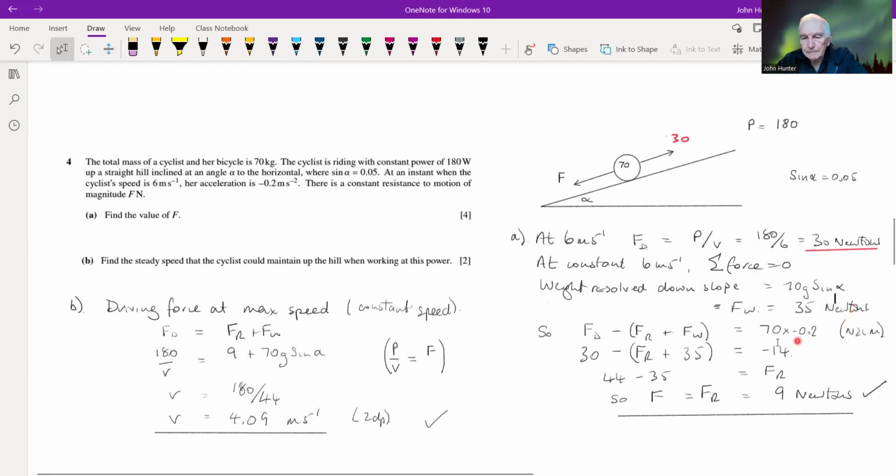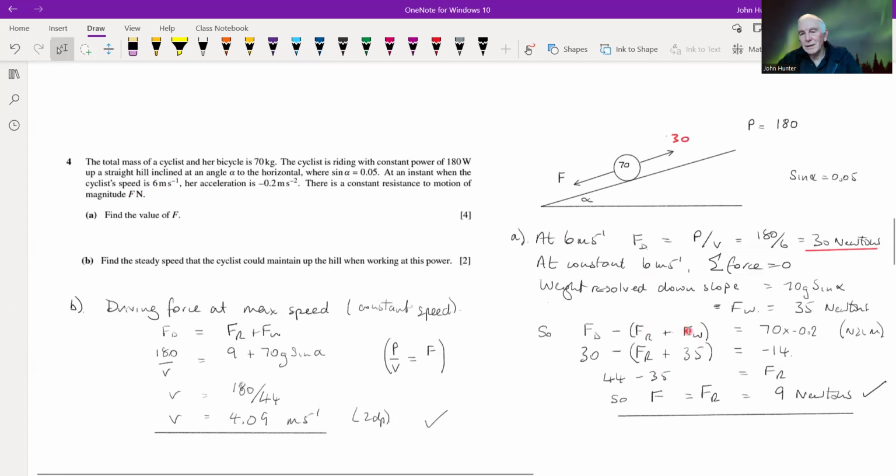Right, so if we look at Newton's second law of motion, the net force is equal to the mass times the acceleration, being a deceleration in this case, minus 0.2. So that driving force is the pushing up force, and this is the pulling down force. We've got the resistance to motion, F, that's what F is in the problem statement, plus the weight resolved down the slope.